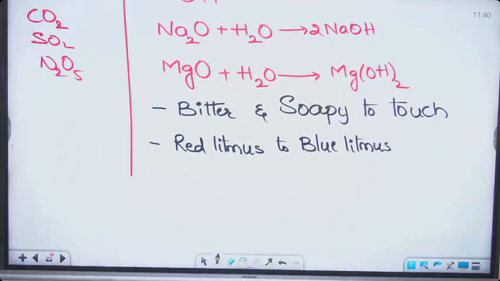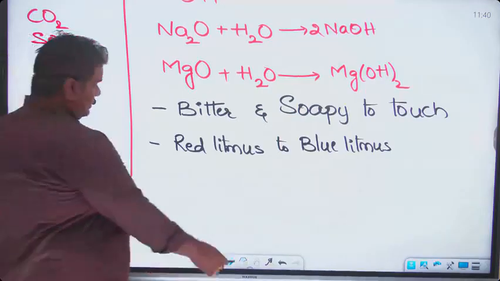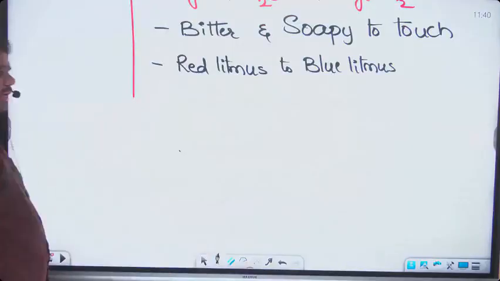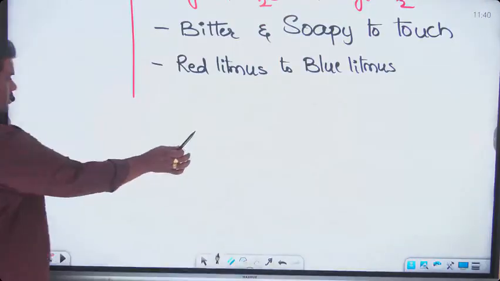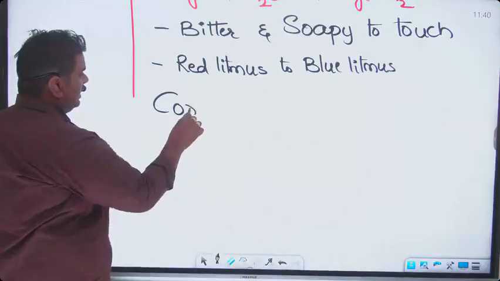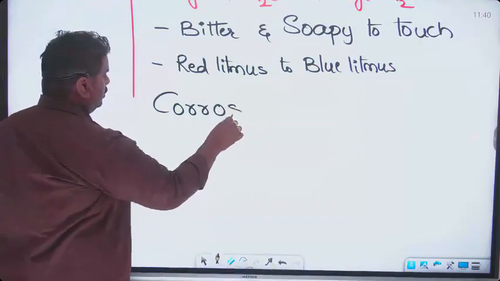The moment a red litmus paper is placed on a Dove soap, it immediately changes to blue in color, indicating that no harmful chemicals, no acids are used in the making of that soap. Right? That is one common observation. So these bases change the color of red litmus to blue litmus. Bases are also highly corrosive in nature.